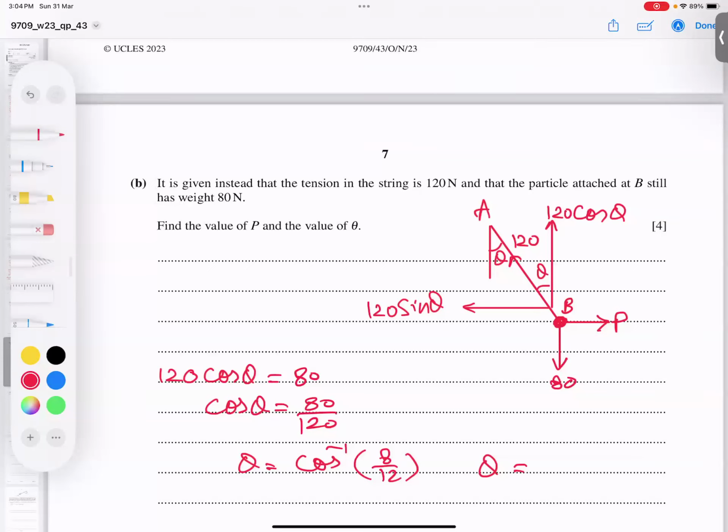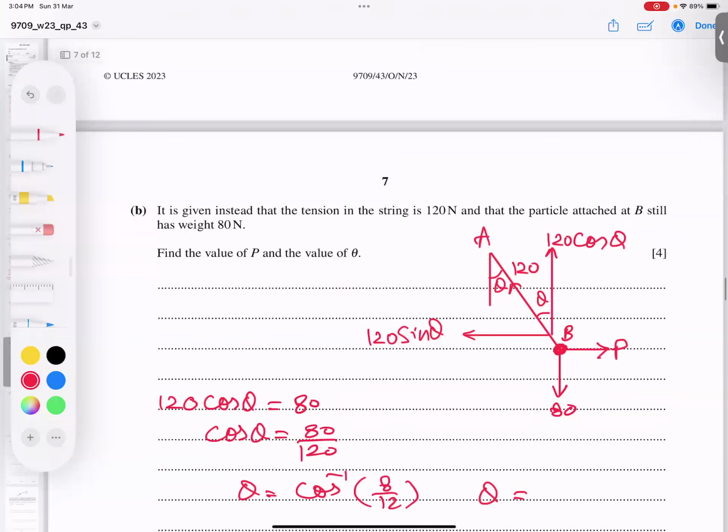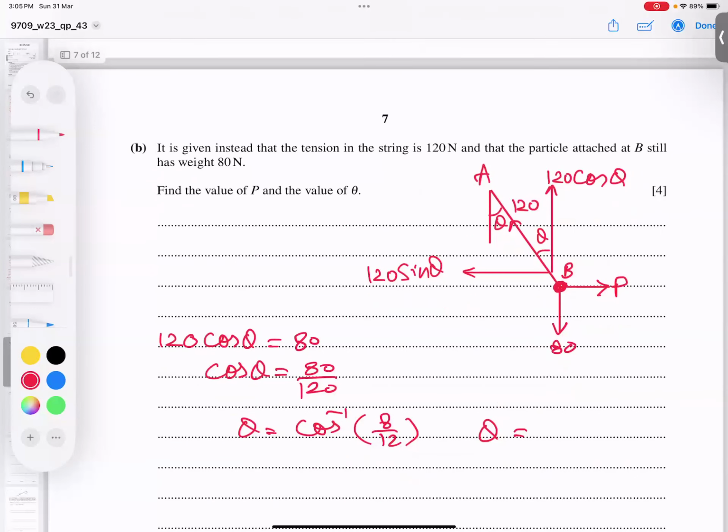Let me recheck. 48 is coming. Is this the correct number I have taken? Hold on. 120. And he said what? Instead is this 120. Yes, this is clear. So 80 divided by... yeah, actually there is a mistake here, I think. Okay.